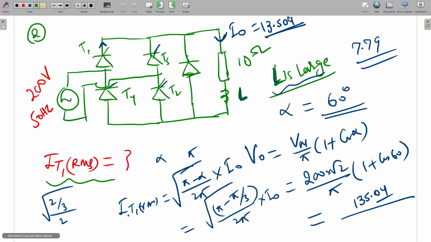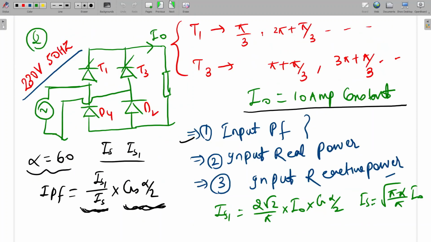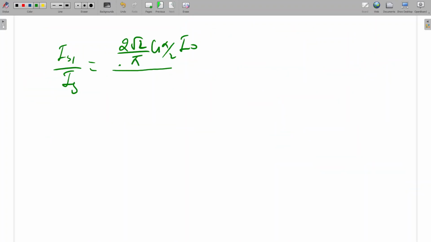See, coming to the question. One second. Where is the question? Here. So directly we can write IS is equal to pi minus alpha by 2 pi into I naught. So I naught will cancel. Okay. So what is the alpha value? Alpha is pi by 3.